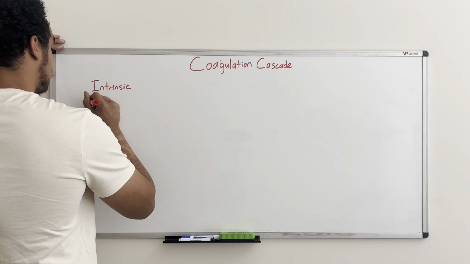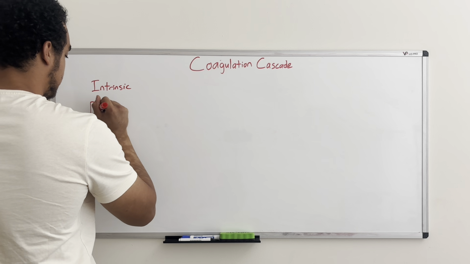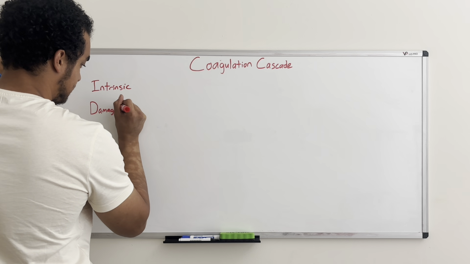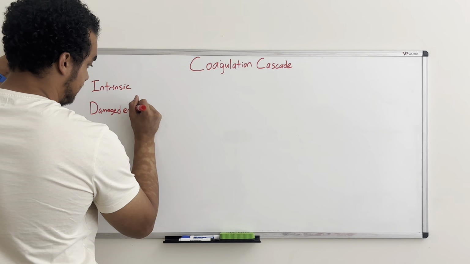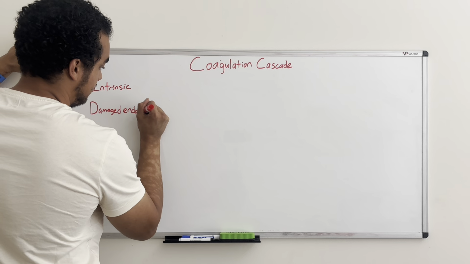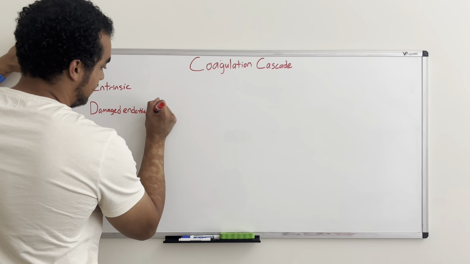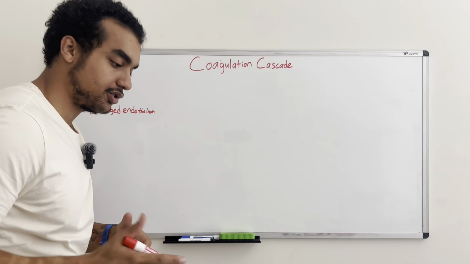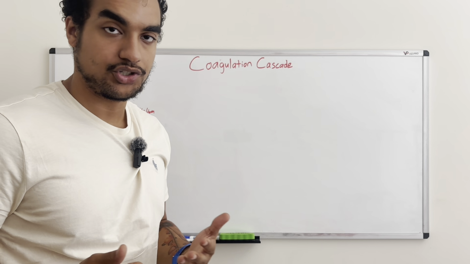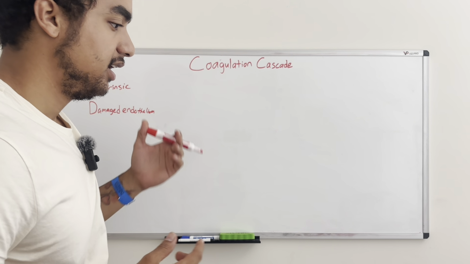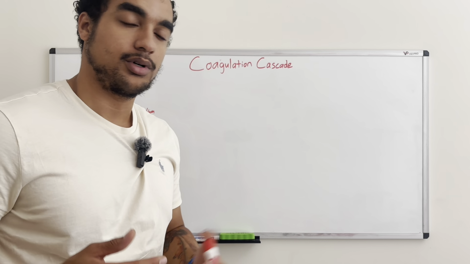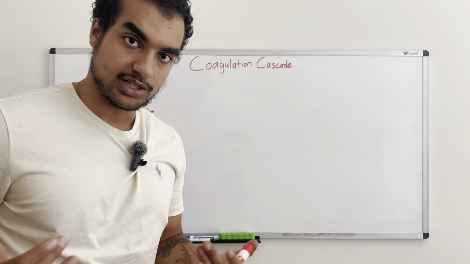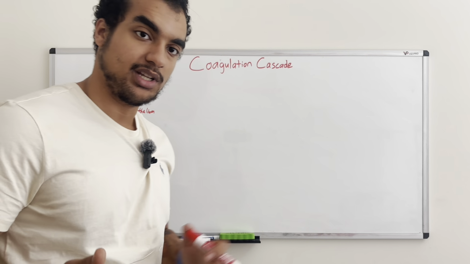So the intrinsic pathway is actually activated by a damaged endothelium inside of the vessel wall. And now this damaged endothelium leads to an exposure of subendothelial collagen, and therefore von Willebrand factor can bind, leading to platelet activation as well as aggregation.